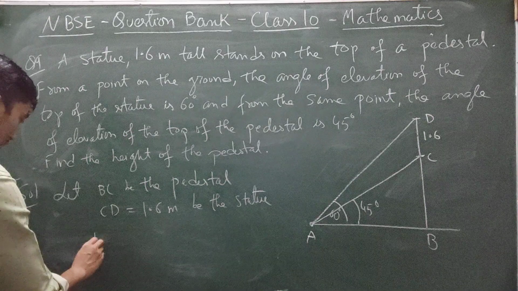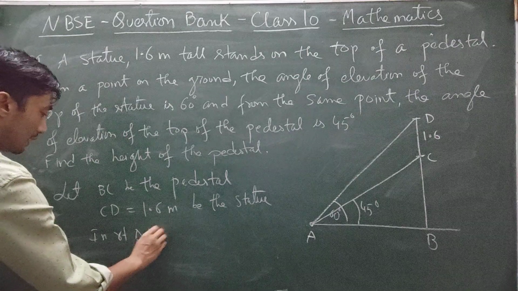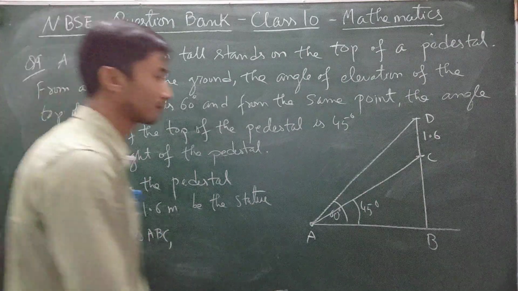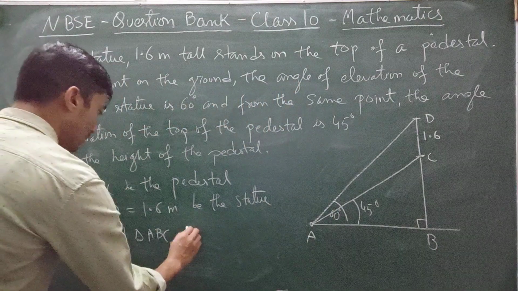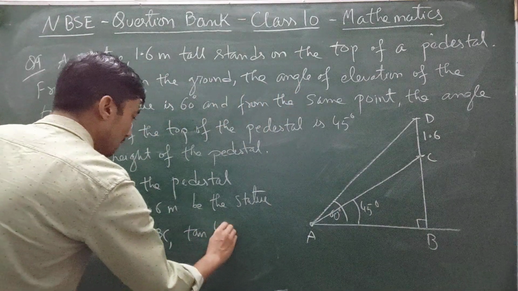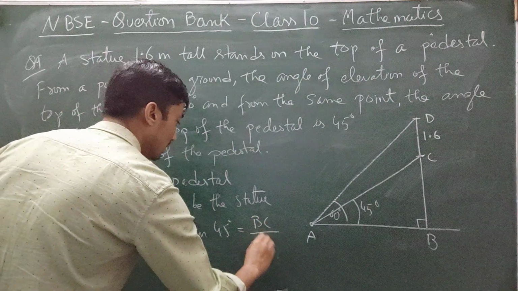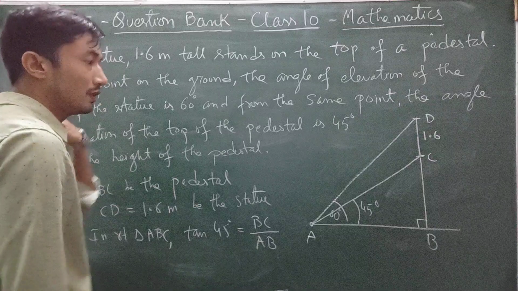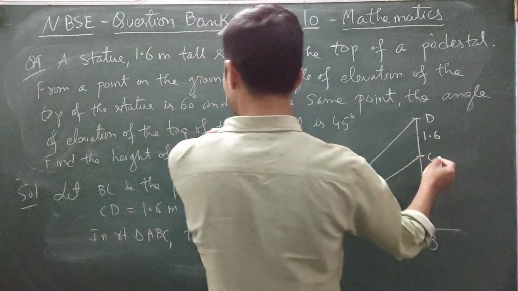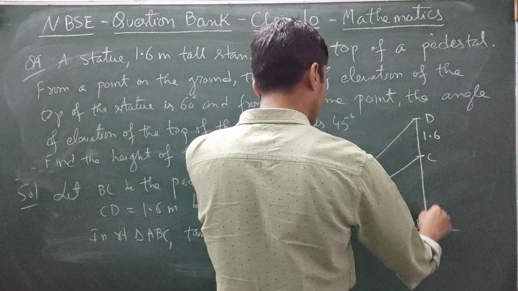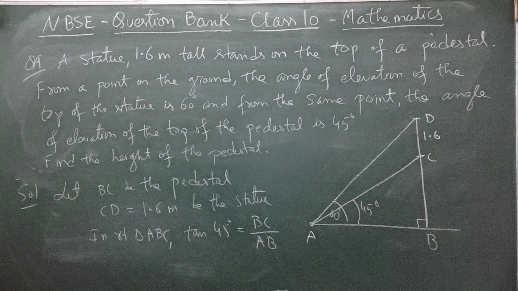Now, as I said, let's go for 45 degree first. In right triangle ABC, tan 45 degree is equal to BC by AB. What are we trying to find out? BC, the height of the pedestal. Directly we might not get it, that's why they have given us the figure.